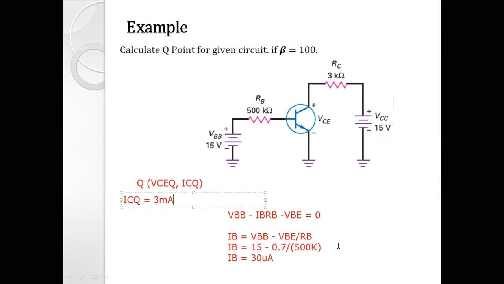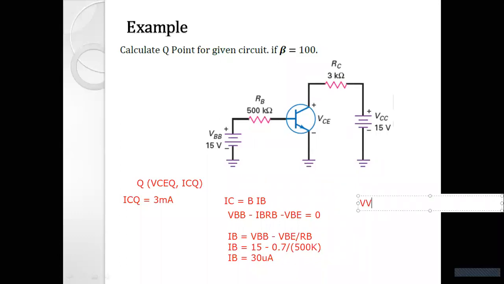Now let us proceed to the second coordinate, which is VCEQ, and for that we have to apply KVL at the output section. When we apply KVL at the output section, we get the equation VCC minus ICRC minus VCE is equal to 0, right?